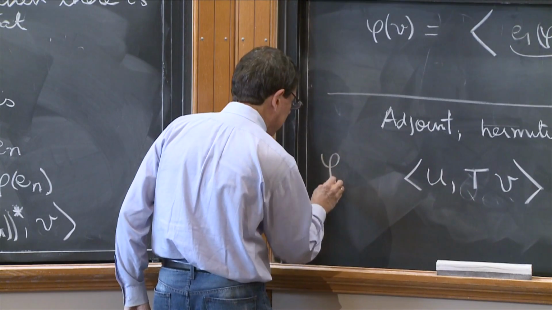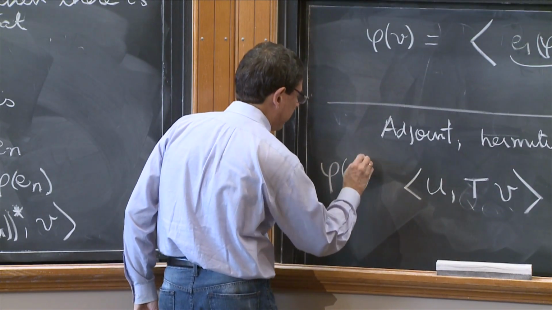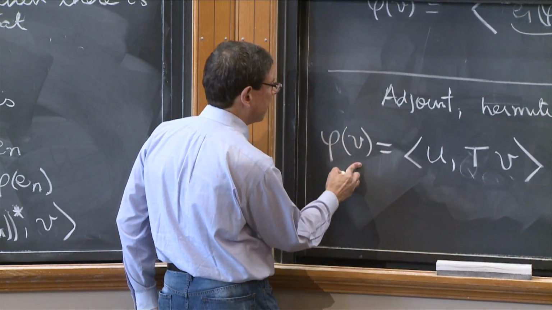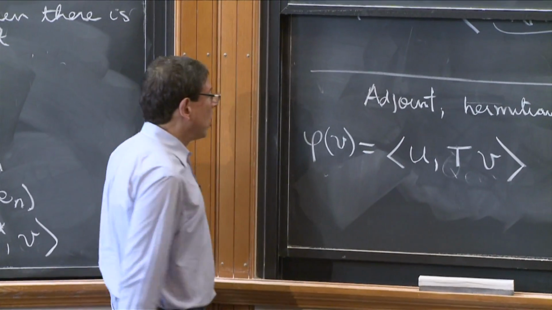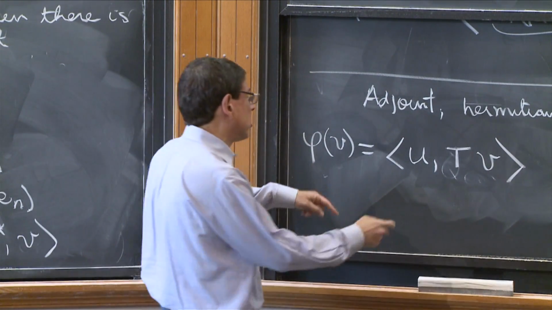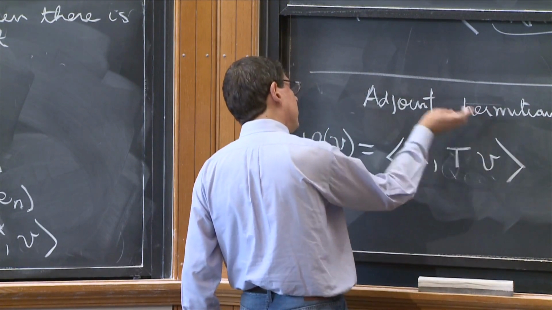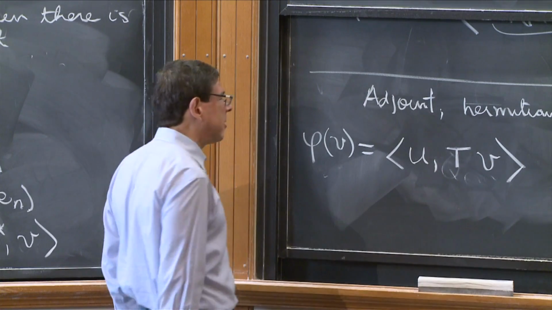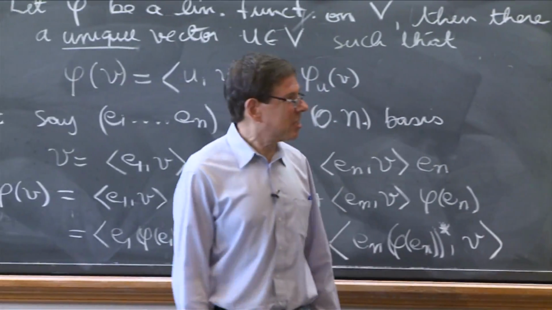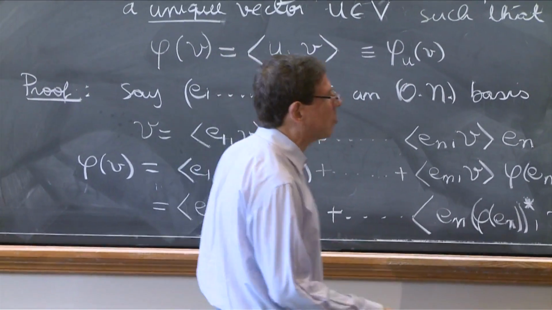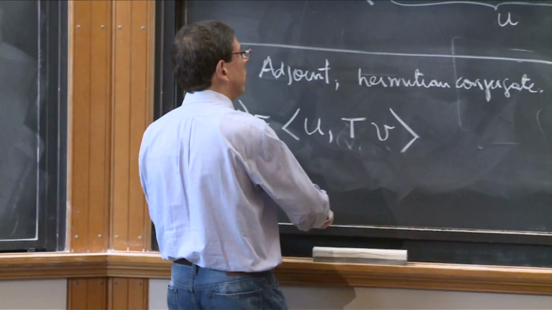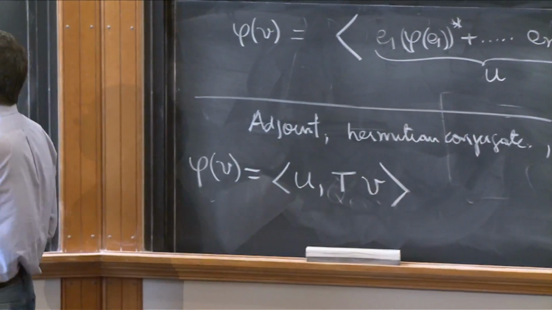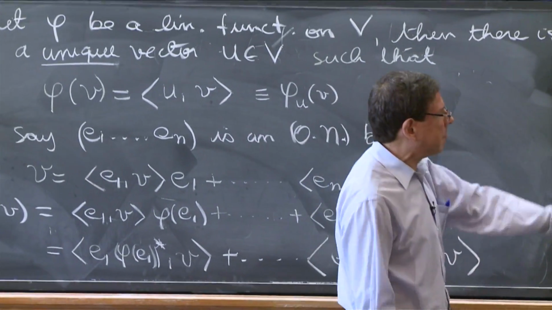Well, it's certainly a linear functional of V. It's a linear functional because if you put a times V, the a goes out, and if you put V1 plus V2, you get a sum. So it's linear, but it's not the usual ones that we've been building, in which the linear functional looks like U with V. I just put an operator there.